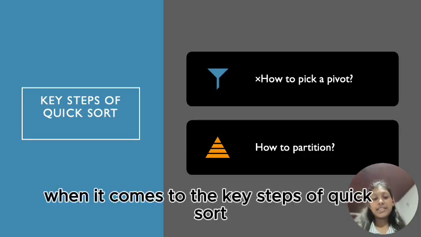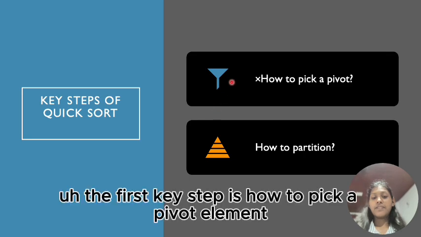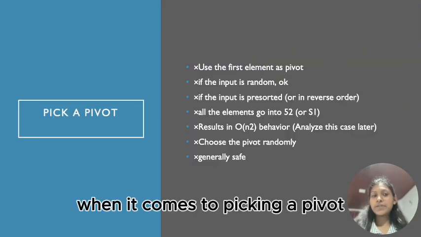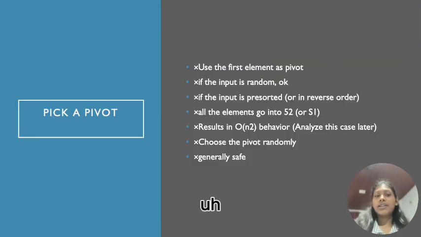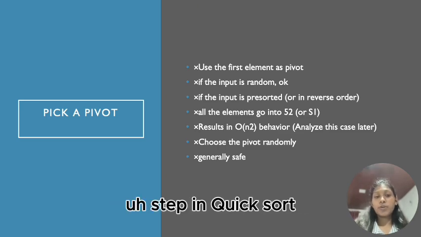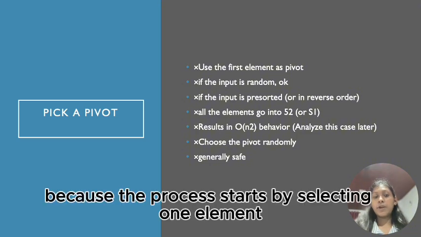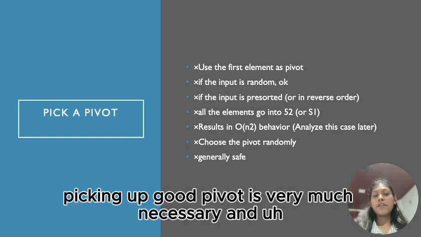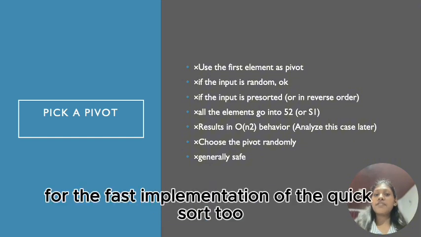When it comes to the key steps of quicksort, the first key step is how to pick a pivot element and then how to partition. Picking a pivot is the very first step in quicksort, because the process starts by selecting one element, known as the pivot, from the list. Picking a good pivot is necessary for a fast implementation of quicksort.